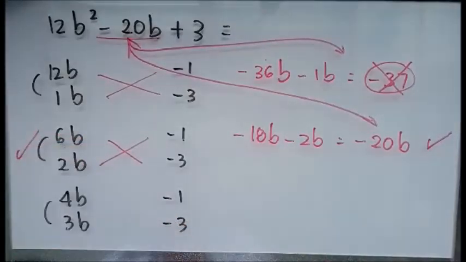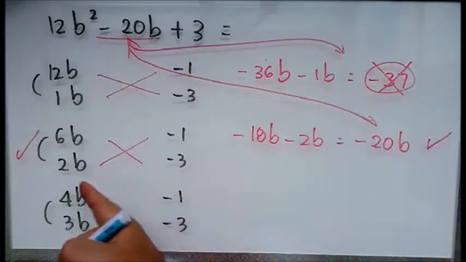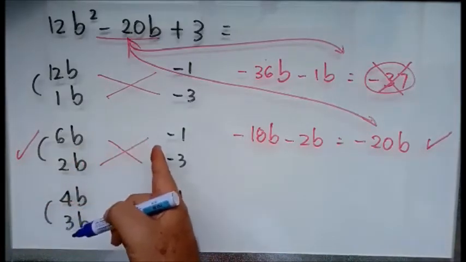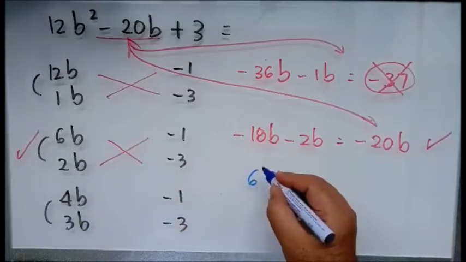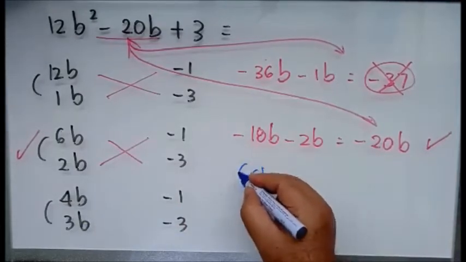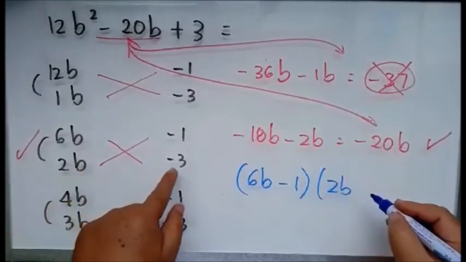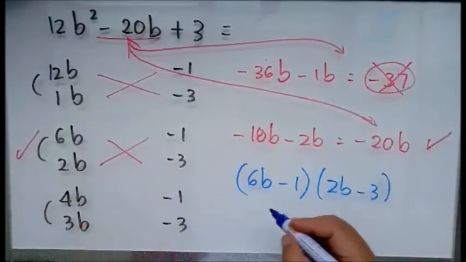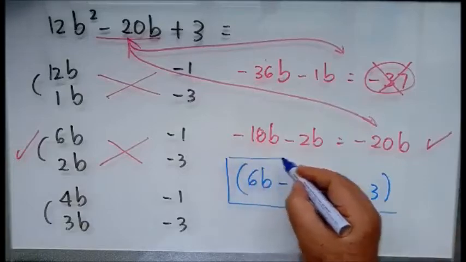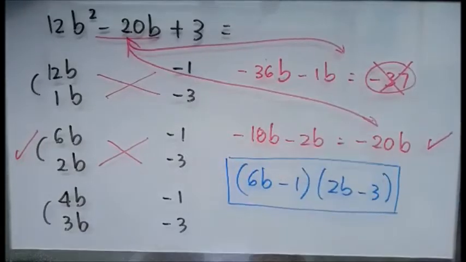Now what will we do? Since this is correct, we will use this factor. 6b, negative 1, and 2b, negative 3. So this will be your final answer.